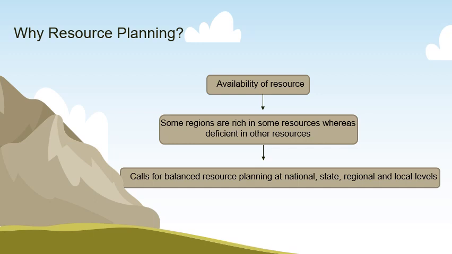Hence this calls for balanced resource planning at every level, that is, at the national level, state level, regional level and local levels. Let us see how this planning of resources is done in India, in our next topic.